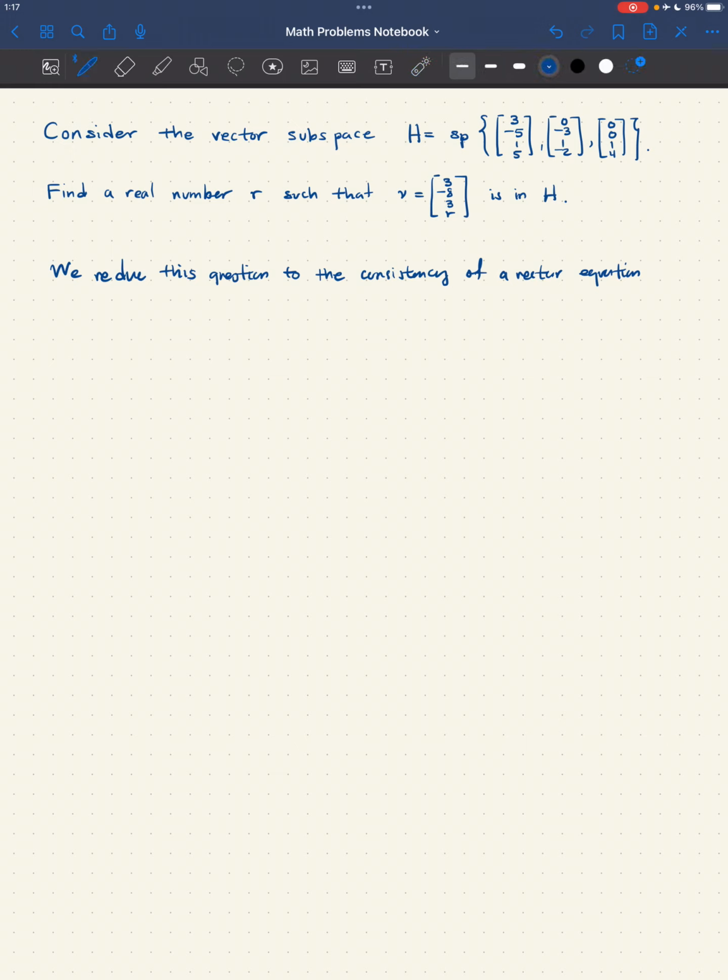And to do so, we establish an equation that says, okay, I want to establish a linear combination of the form x times (3, -5, 1, 5) plus y times (0, -3, 1, -2) plus z times (0, 0, 1, 4) equal to the vector (3, -8, 3, r).